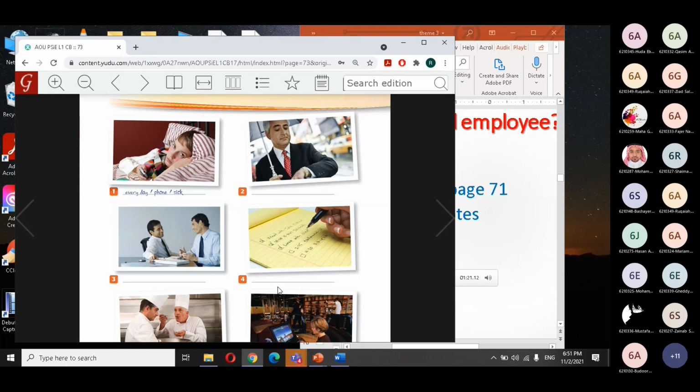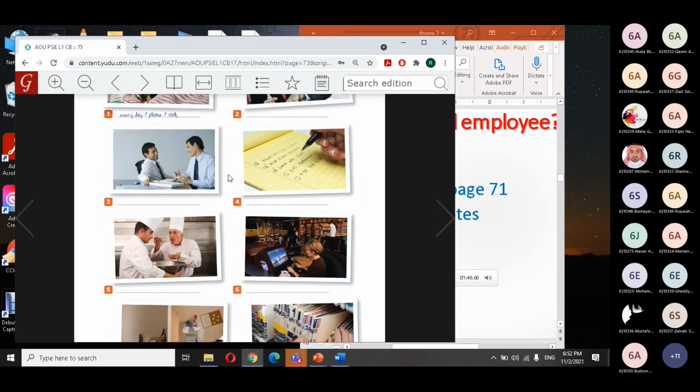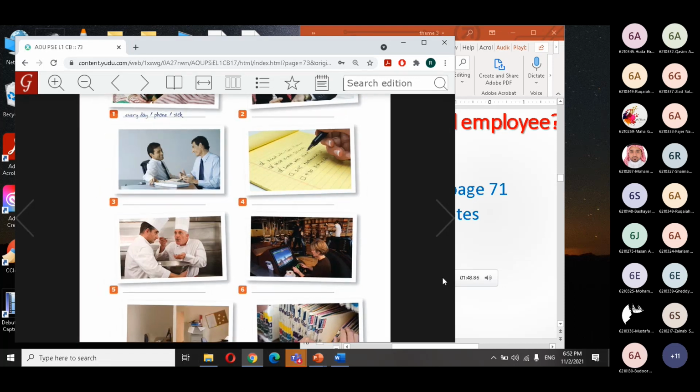Number 3, you must respect your manager, the person who gives you your tasks, your pieces of work. You must also respect your colleagues, that is, the people who you work with. Finally, you must also respect the customers, in other words, the people who buy things from the company. Fourthly, You must do all the tasks on time. But fifthly, you must not rush work in order to finish on time. You are responsible for the quality of your work, whether it is good or bad. Sixthly, now this one is a really big problem nowadays.